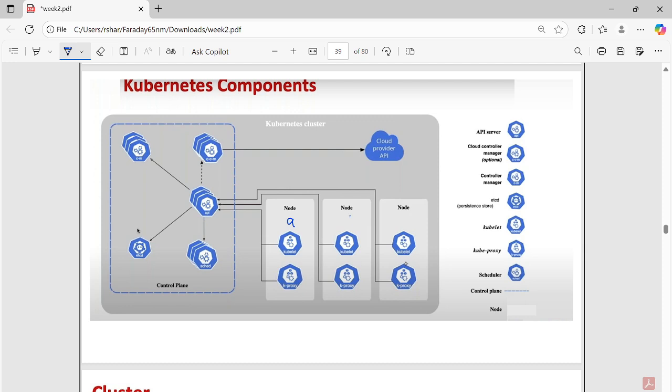Say node A, node B, and node C. And then we have the compute nodes. We have got the login nodes. So there are various types of nodes available.